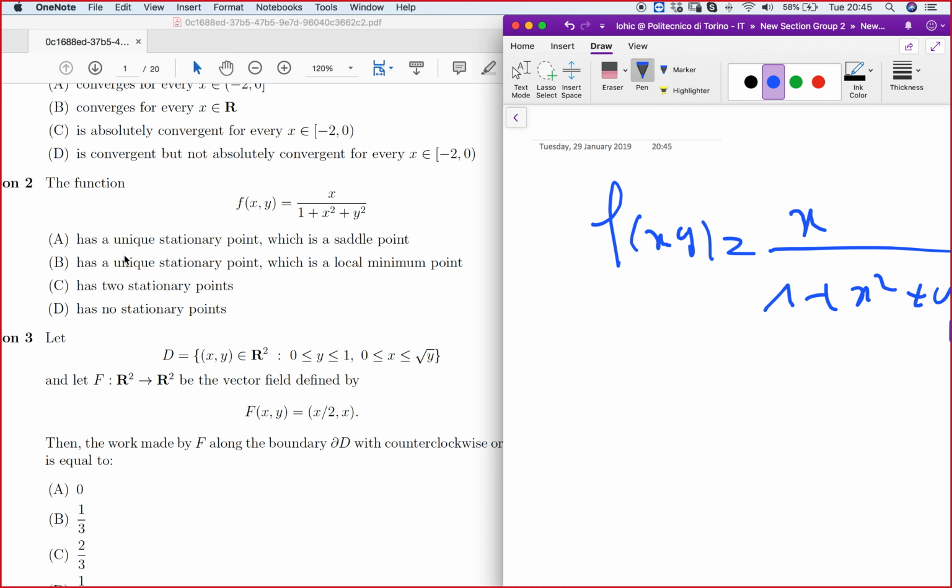Nice. So it has a unique stationary point, which is a saddle point; has a unique stationary point, which is a local minimum point; has 2 stationary points; and has no stationary points.